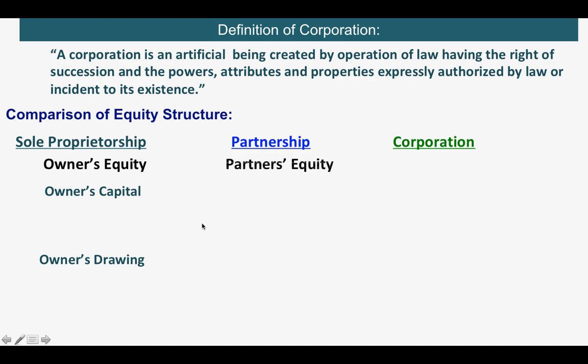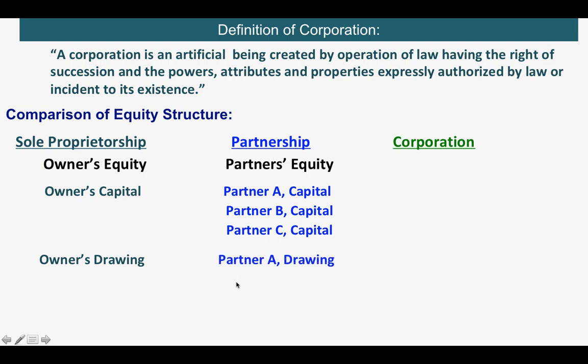Under partnership, the partner's equity consists of the capital accounts of each partner and also the drawing accounts of each partner.